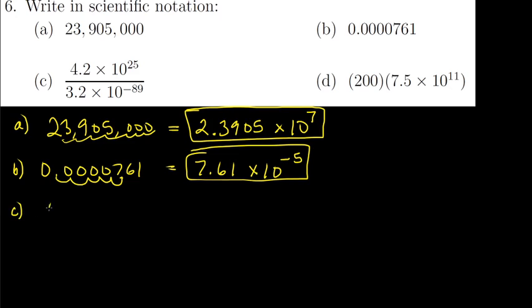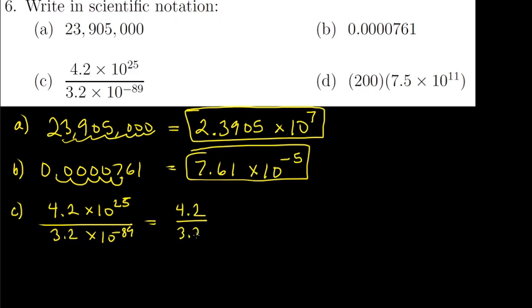Okay, for part C, we have 4.2 times 10 to the 25, divided by, that's supposed to be a 5, divided by 3.2 times 10 to the negative 89. Okay, so we can just do 4.2 divided by 3.2 times 10 to the power 25 minus negative 89.